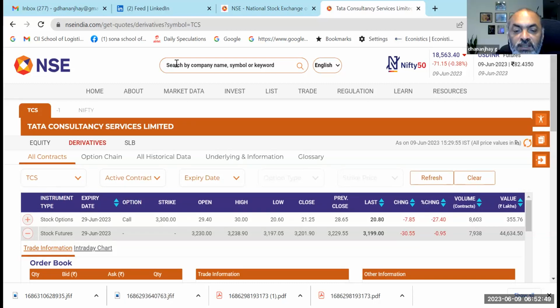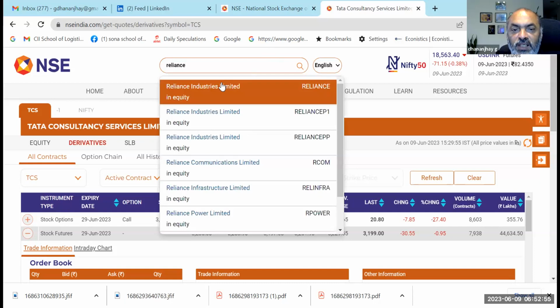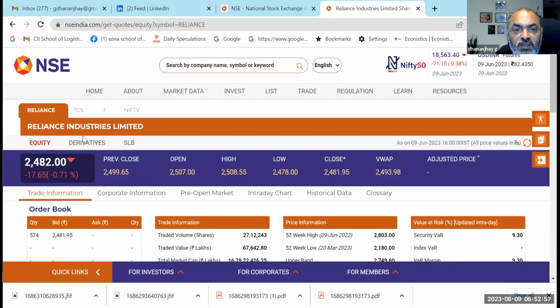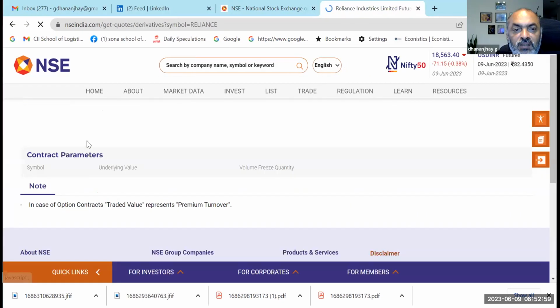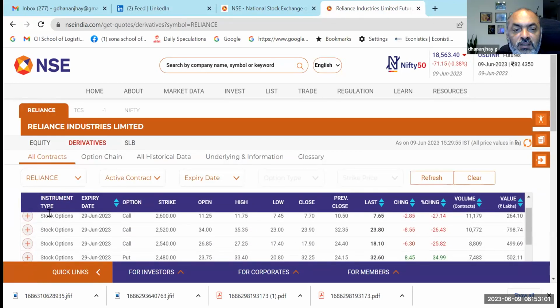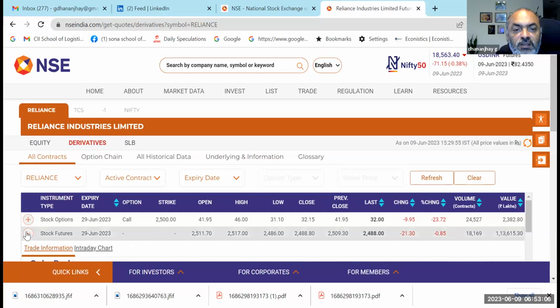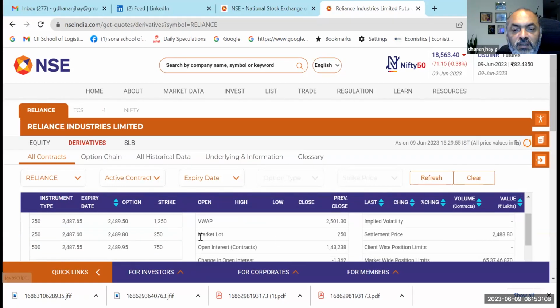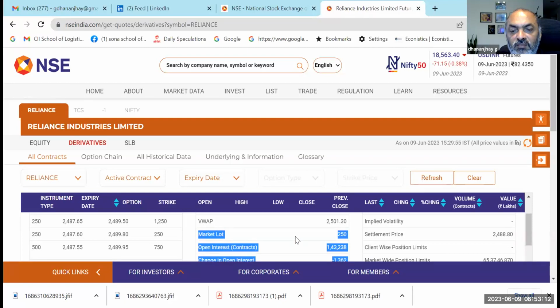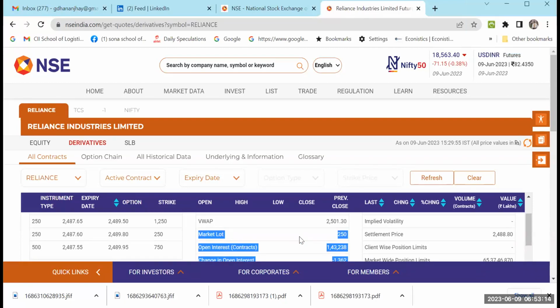Now, lot size will be different for different companies or contracts. Suppose I go to Reliance. Reliance, what is the lot size? 250.